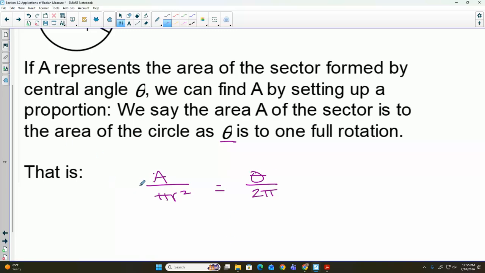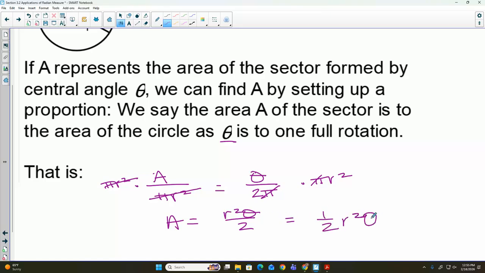So if I'm trying to find my area, you would multiply over the pi r squared. So the pi's cancel, and I get r squared theta over 2. Or another way that could be written is 1/2 r squared theta.